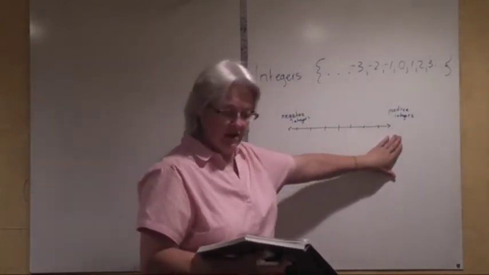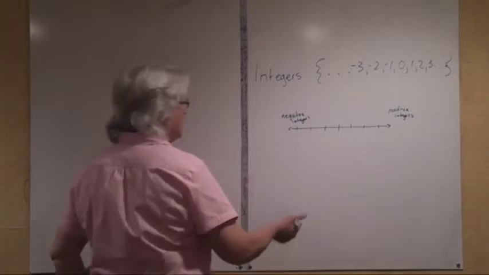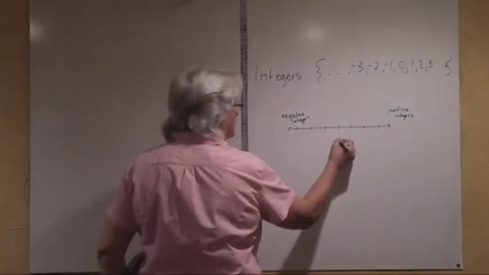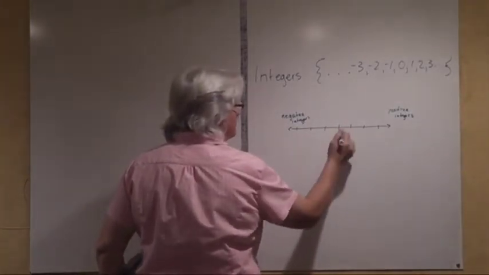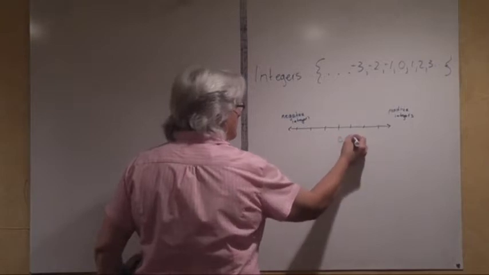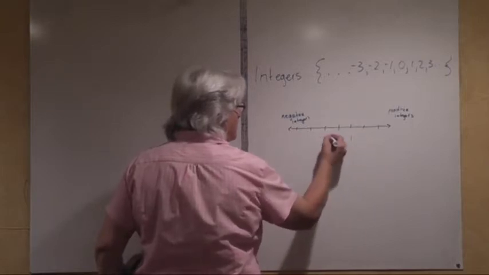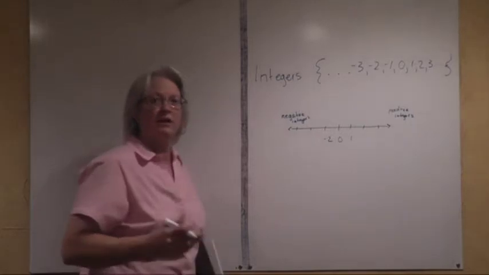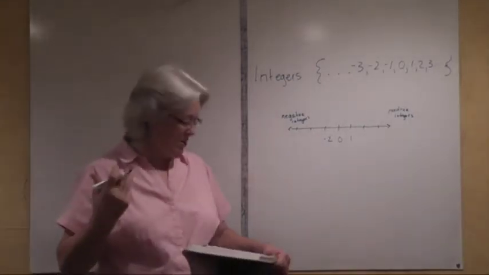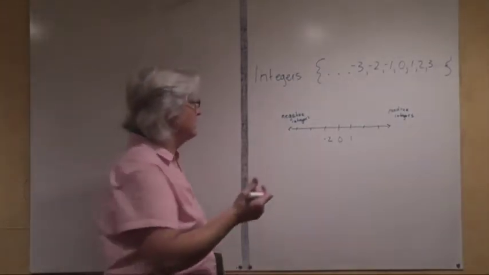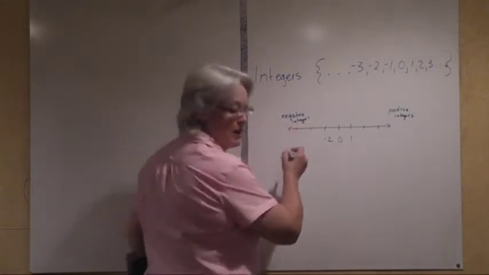Now, let's say that we have points on this number line here. Actually, we have letters here on the number line. And the only thing that they have written for you is the location of 0, +1, and -1. And then they have some points on this number line that are indicated just by letters.